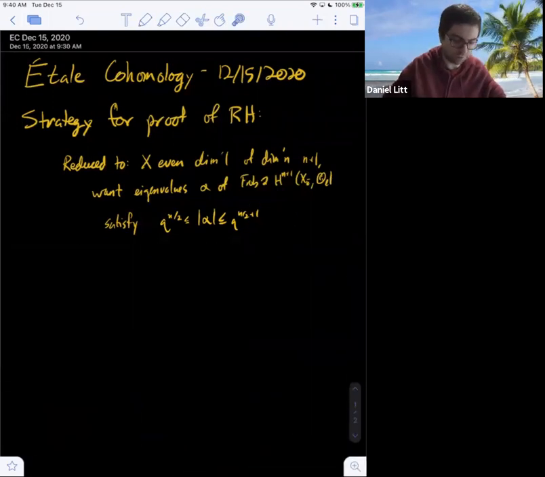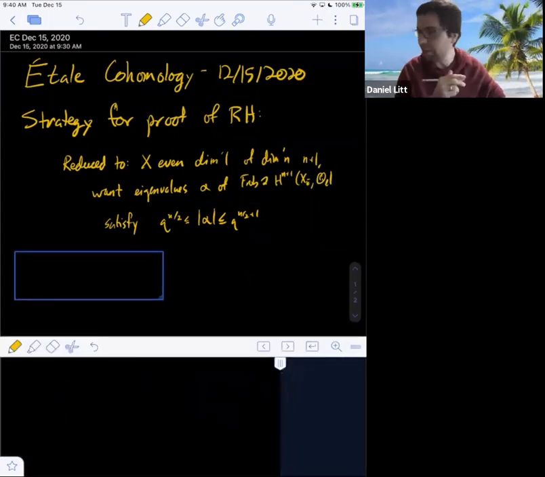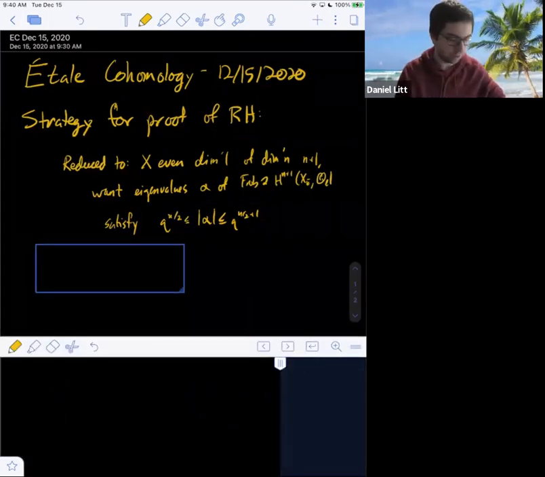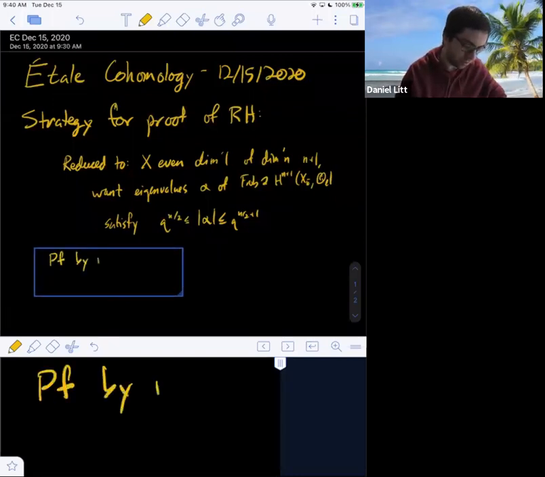So here this inequality is wrong by an error of a factor of q to the 1/2 in either direction. And then there was some tensor product trick argument to reduce the proof of the Riemann hypothesis to this case. Then the proof was some induction on n.